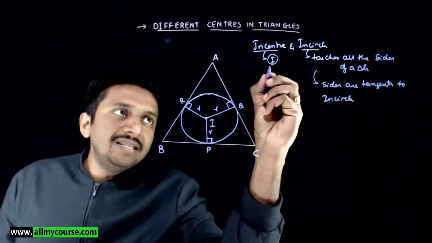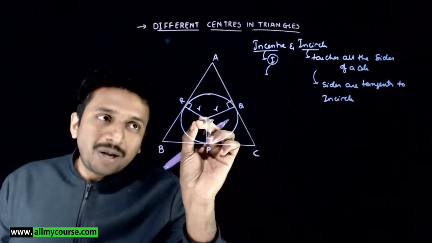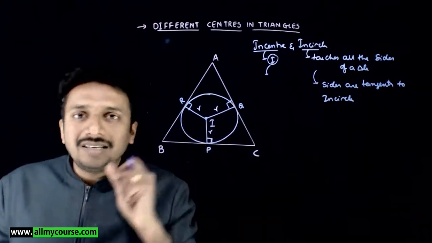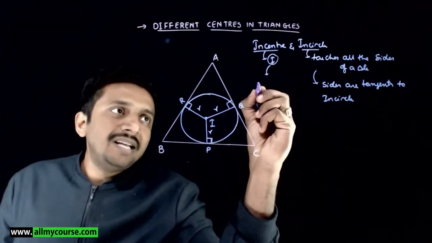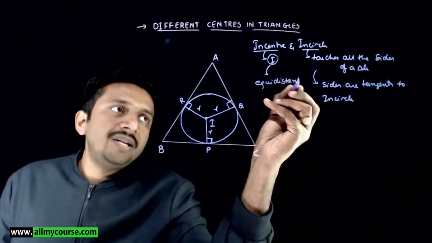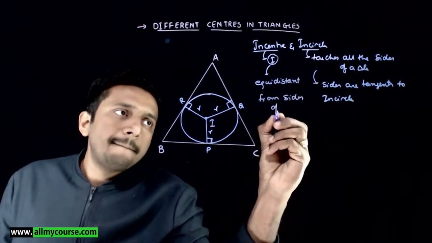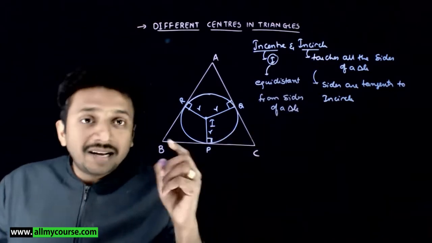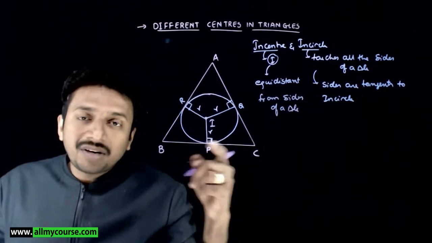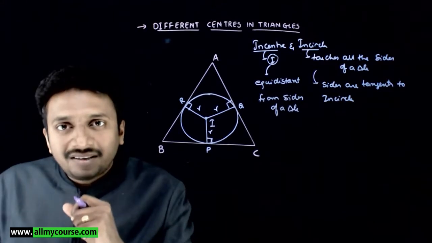That means the incenter is a point whose lengths of perpendicular to all the three sides are equal, or the incenter is equidistant from the sides of a triangle. Circumcenter is equidistant from the vertices of a triangle. Incenter is equidistant from the sides of the triangle.